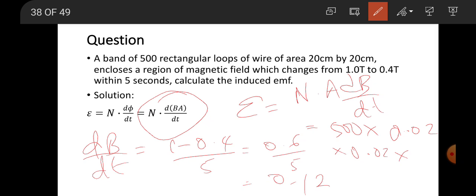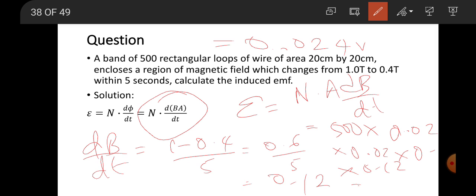And the rate of change of B is 0.12. That gives us 500 times 0.02 times 0.02 times 0.12, which is 0.024. So the induced EMF here is 0.024 volts.